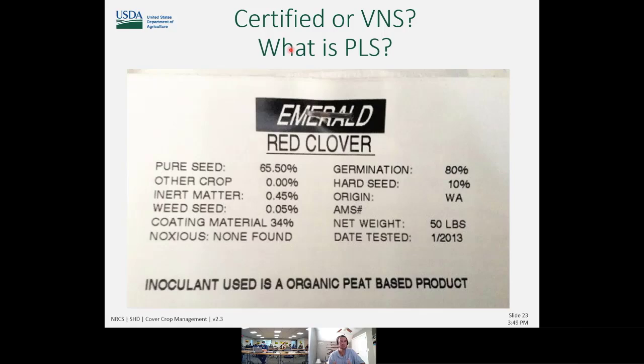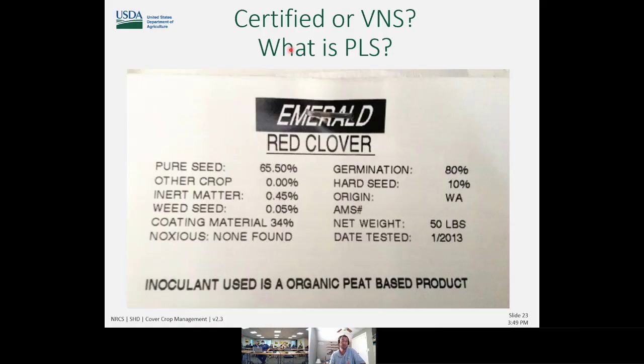And you may say, well, why is that a problem? Or why do I care? Well, if a producer is looking for specific traits, they're going to want to make sure that they have certified seed, where they're looking for a red clover that is going to flower at a specific time, or a specific number of days after planting, to accommodate the cropping system they're trying to utilize it in.